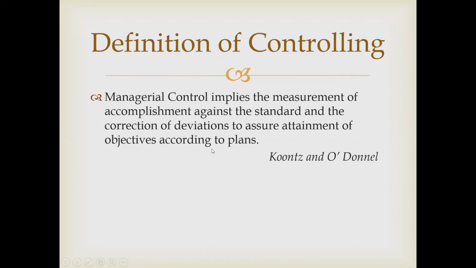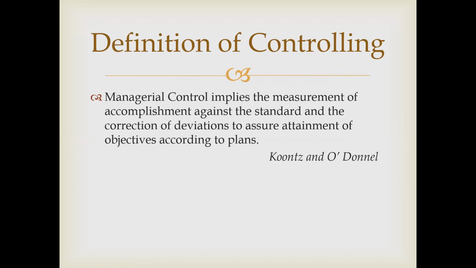According to this definition, managerial control means that first we are going to measure the actual accomplishments, our actual results against the standard. Then we are going to compare the actual accomplishments, the actual results against the standards set, and the correction of deviations to assure if we are unable to meet the target.